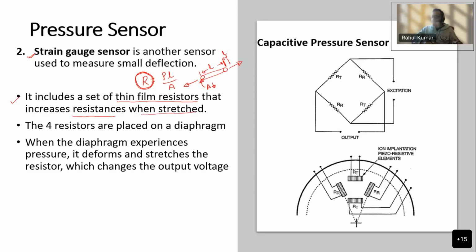The four resistors are placed on a diaphragm, something like this, similar to your capacitor sensor. When the diaphragm experiences pressure, it deforms and stretches the resistors, which changes the resistance and the output voltage. This output voltage is then measured to calculate the change in pressure.